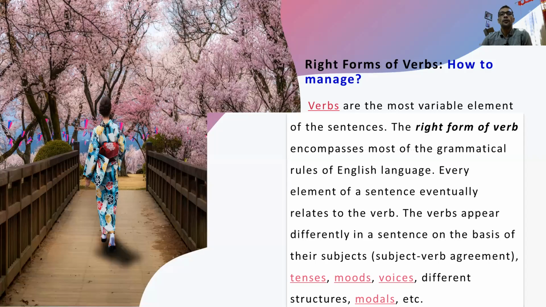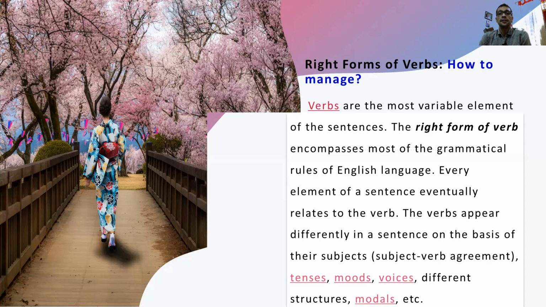Before I actually talk about it, let us talk about the very basic things, that is, how would you manage and what do you mean by right form of verbs, what should you do with the verbs. Verbs are the most variable element of the sentences. The right form of verb encompasses most of the grammatical rules of English language.